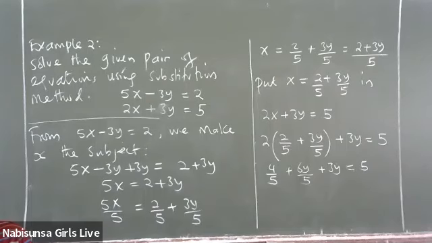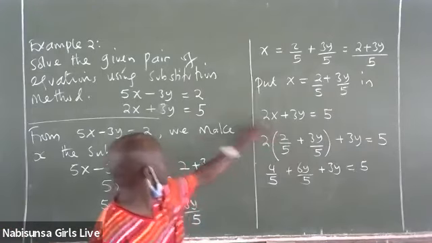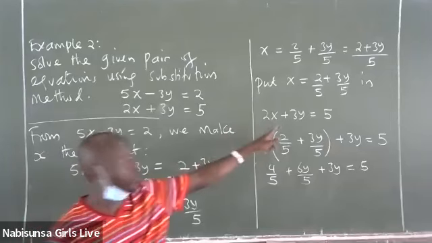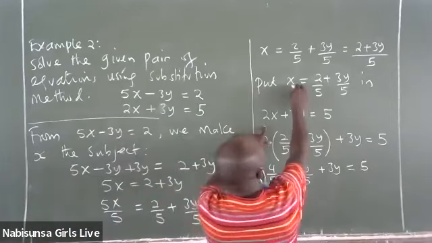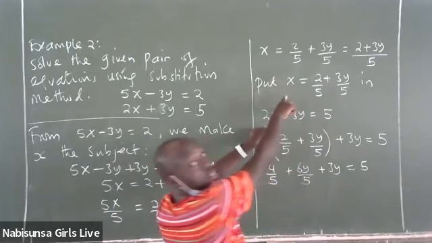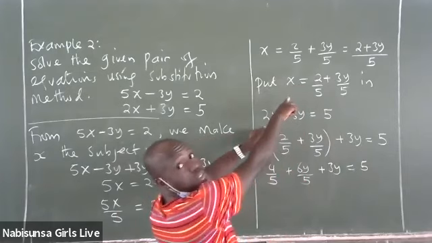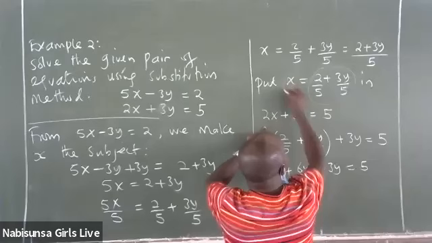Yolanda. Teacher, I don't understand the part where you said 2x plus 3y is equal to 5, then you put 2 open brackets and that continuing part. Okay, this is from the second equation, Yolanda. Remember we have made x the subject. The whole of x is this.